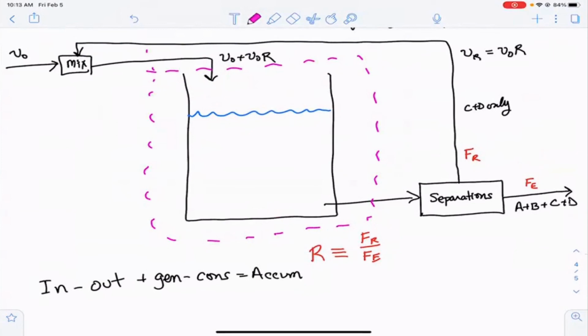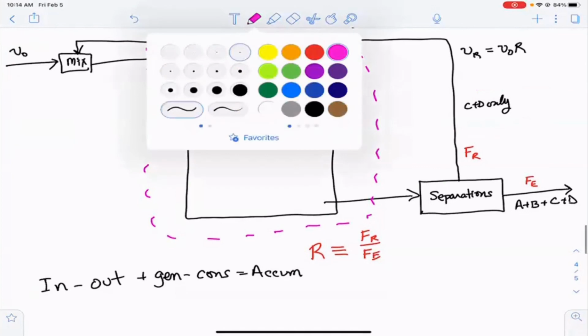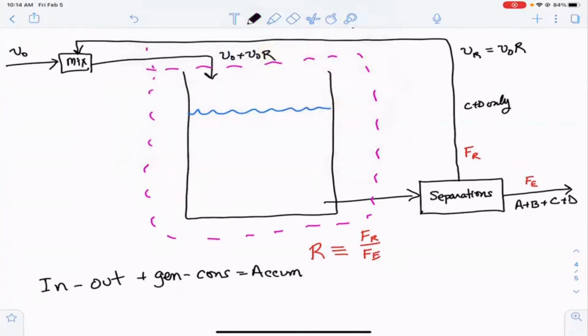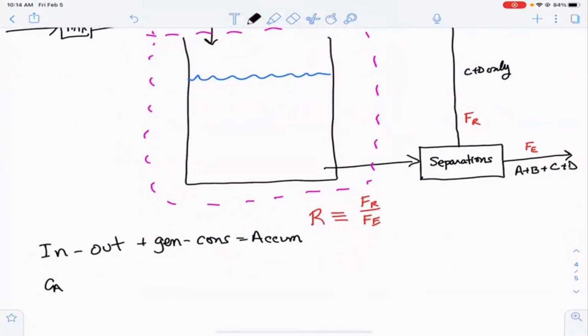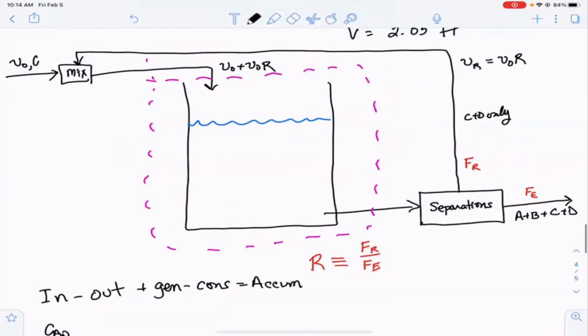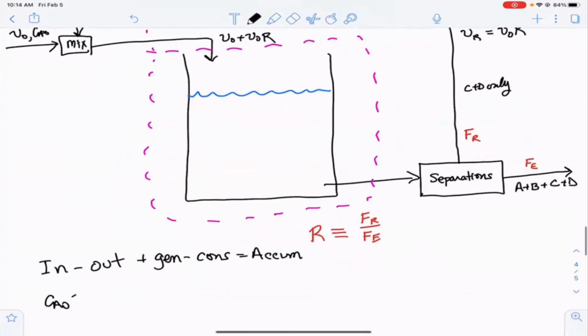Well, if we do this mole balance on A, this stream only contains C and D. So nothing's really coming in with regards to A from the recycle stream. We really only have to worry about the part of this stream that comes from the initial flow rate in. And so when we do that, it's still CA0, right? Because we have some CA0 there, times the volumetric flow rate that's entering.